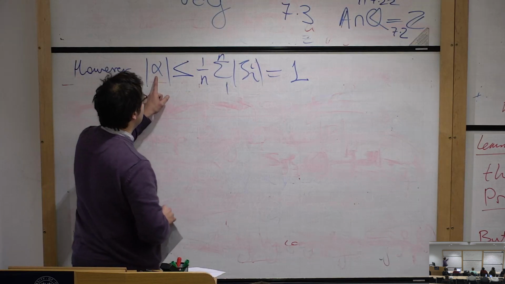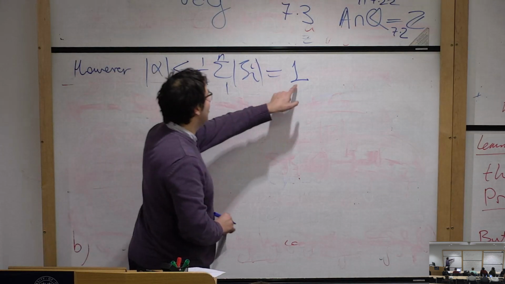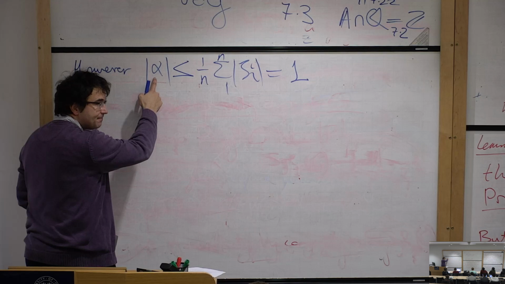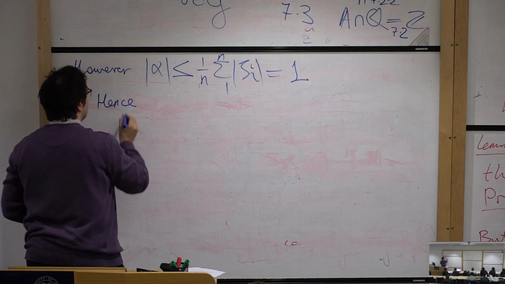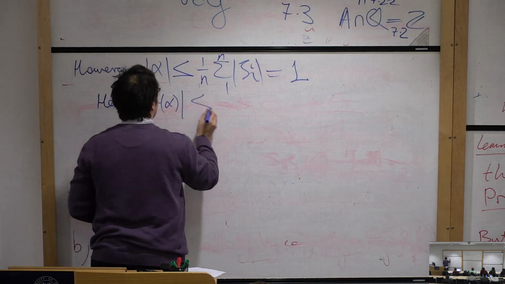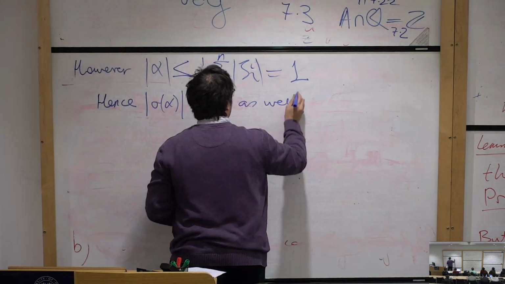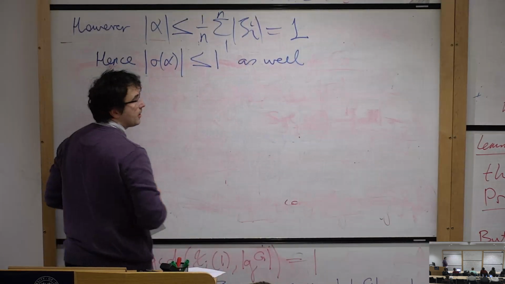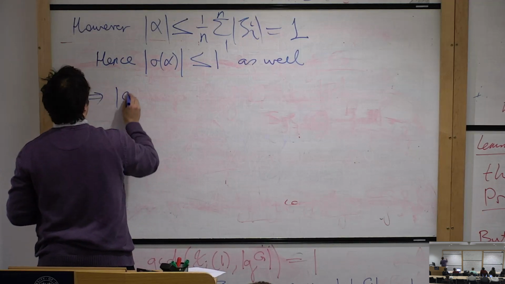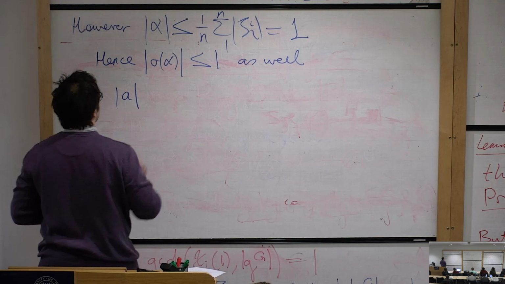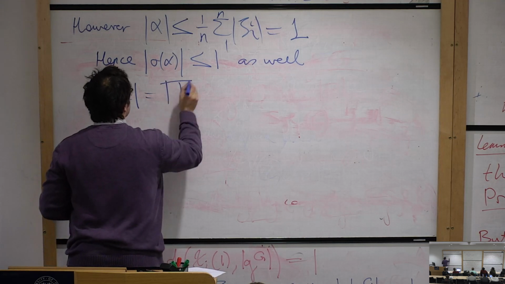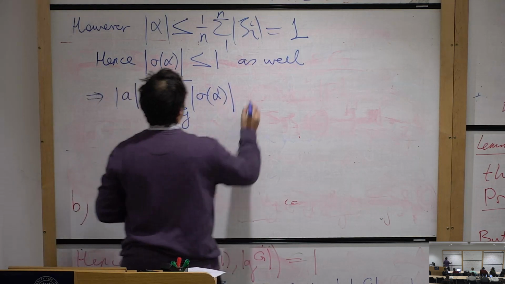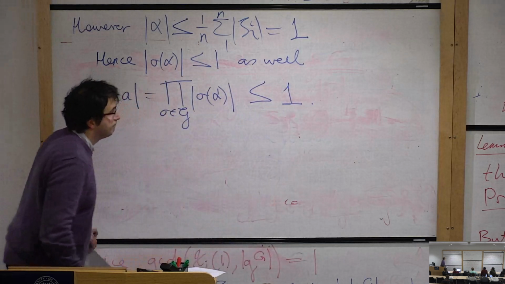Now I've got an algebraic integer alpha of absolute value at most 1, and therefore all of its conjugates also have this property. If you don't believe this, just apply sigma to the zetas and apply the same triangle inequality. Okay? And therefore, mod A, which is a product of norms, is at most 1. It's a very small number.